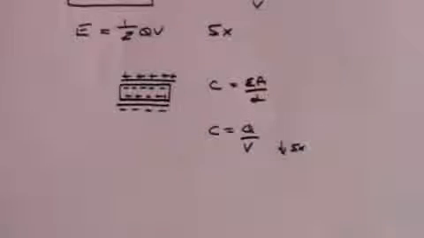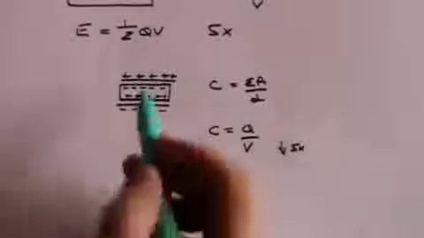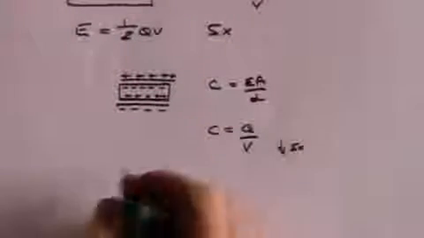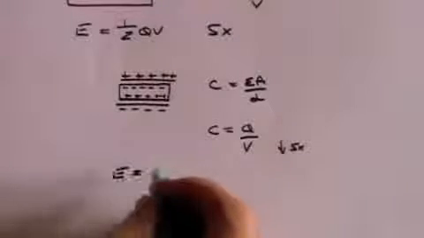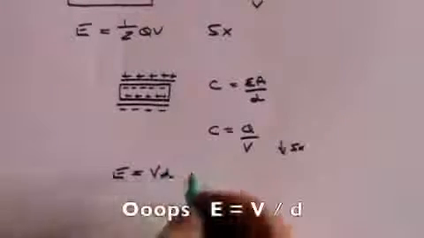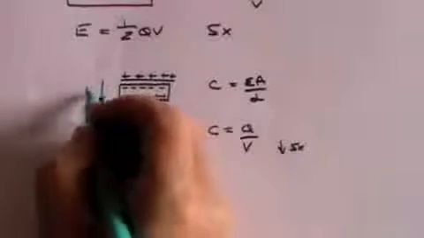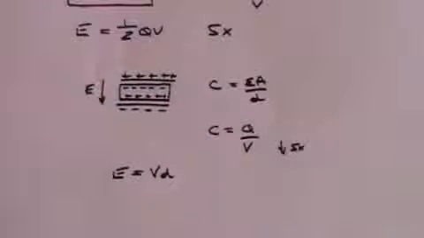So that means that the voltage across the plates goes down by 5. And since the electric field is the voltage divided by the distance, effectively volts per meter, that means that the field across the plates has fallen to 1/5 of what it was before.